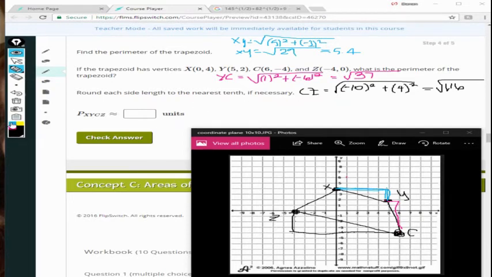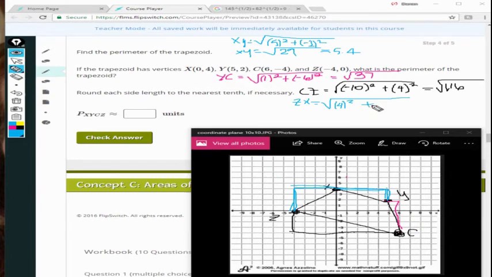And then our last one is going to be from z to x. And there's my triangle. ZX is going to equal the square root of our horizontal distance, which will be 1, 2, 3, 4. So 4 squared. And again, you can use the points for z and x, and it will come out to be the same.